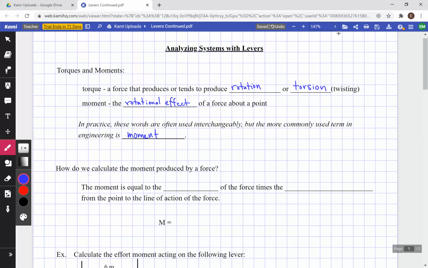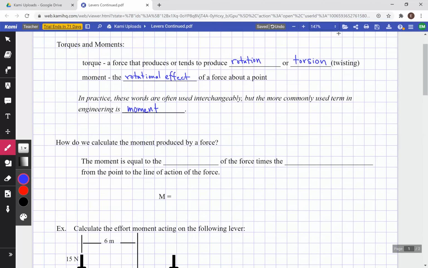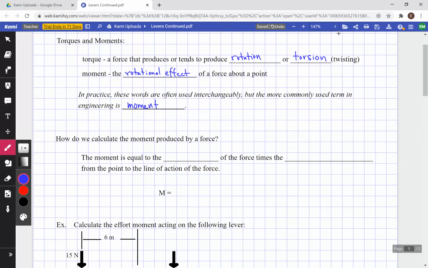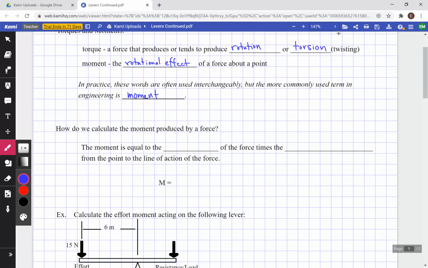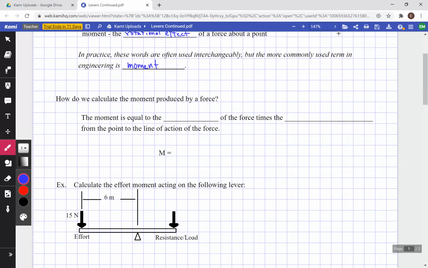Okay. Now, how do we actually calculate the moment that's produced by a force? Because we'll see systems where we have forces acting and nothing's moving, and that's because the moments are balanced. And we have to figure out what the moments are equal to.